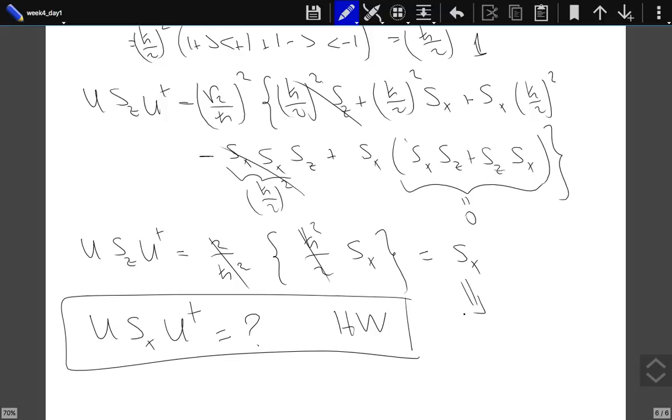So Sz is equal to U dagger Sx U, not U Sx U dagger. If you use the U that maps Sz to Sx in here, it will not map Sx to Sz. It will map it to something else. My bet would be minus Sz.